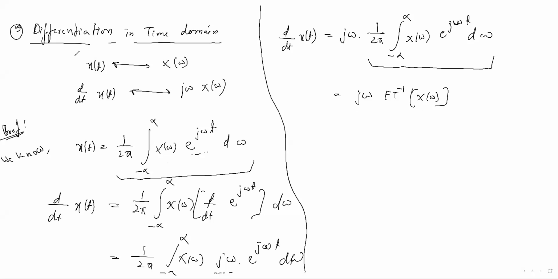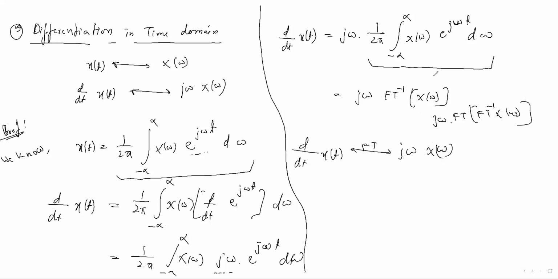Now our main aim is to find the Fourier transform of d/dt x(t). When we take the Fourier transform, we will find j omega X(omega), because if we take the Fourier transform on this side, then j omega will come outside, and the Fourier transform of the inverse Fourier transform of X(omega) will give X(omega) only.